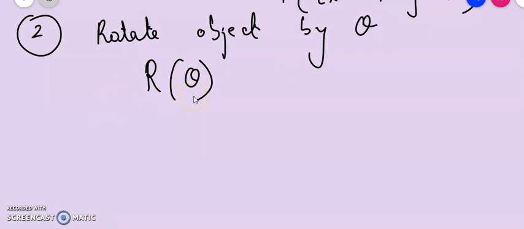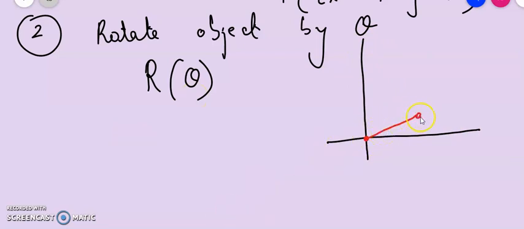So that's my step number 2. After performing my R theta, my object, which was initially somewhere out here at P1, P2, will now be out here. Say this is your output at angle theta. This becomes my new P1 and this becomes my new P2. That's my input and my output.